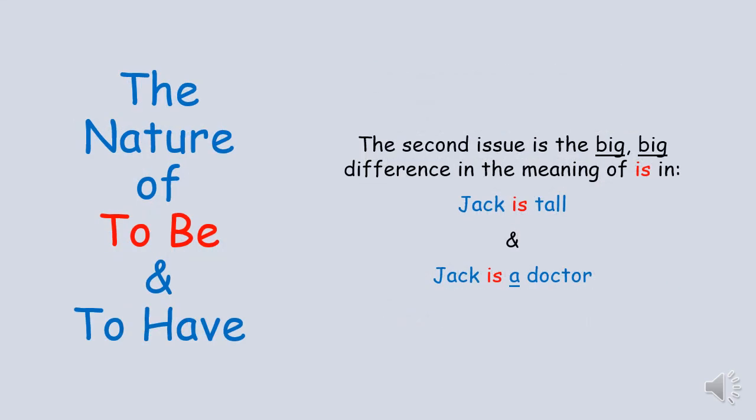Continuing with the nature of to be and to have, the second issue which we have to deal with is the big difference in the meaning of is in Jack is tall and Jack is a doctor.